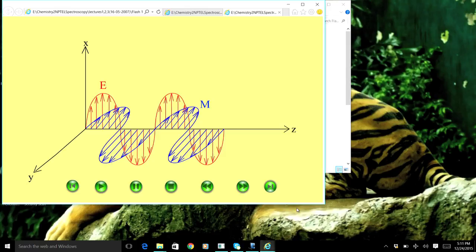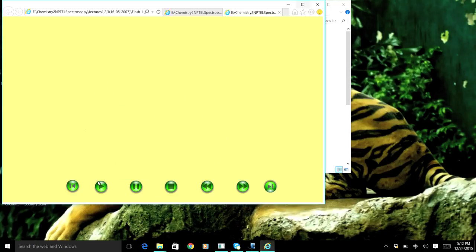So electric field and magnetic fields of an electromagnetic radiation oscillate in time with the same frequency. This is the purpose of showing this animation, and you can see when you play this again how the waves are shown as oscillating in time.